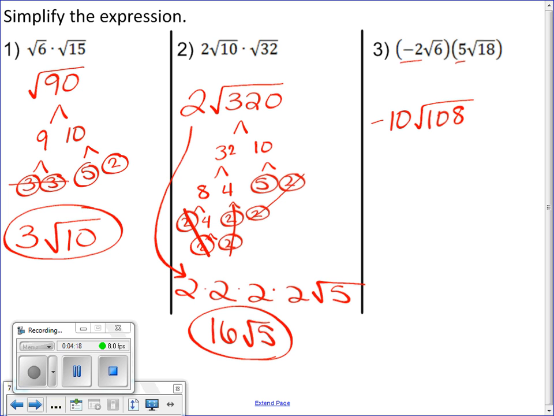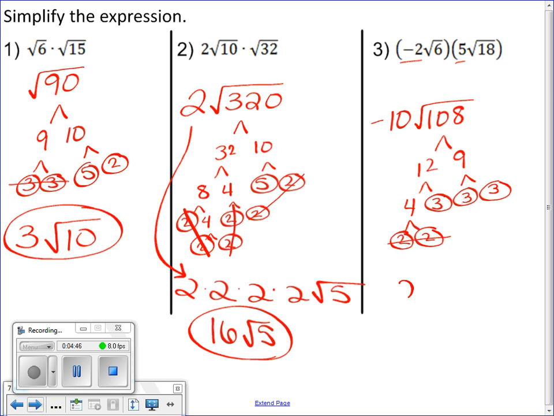Now what? Good. We're going to go factor tree, right? You said 12 times 9? 12? 4 and 3 or 6 and 2, doesn't matter. And then 4, 2 and 2. 9, 3 and 3. What do we got a pair of?